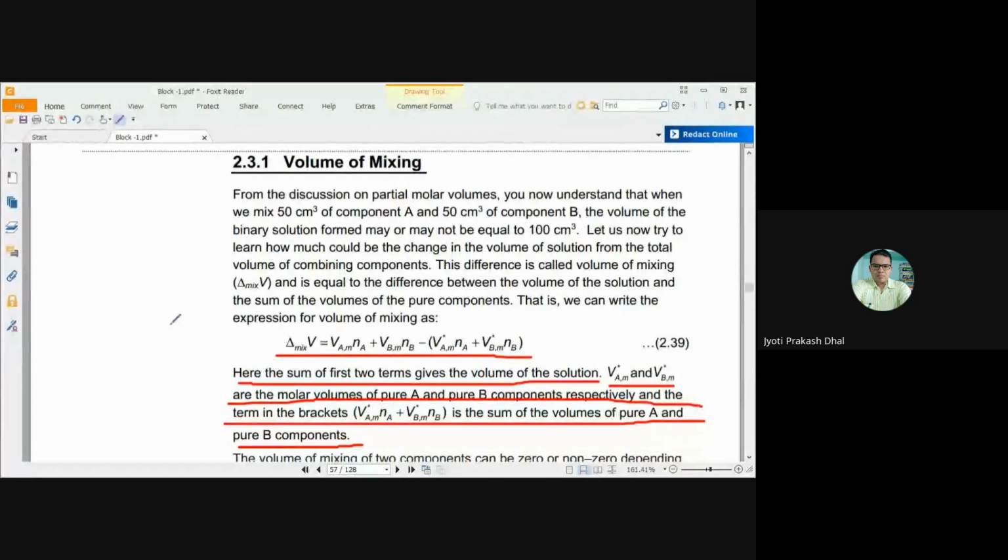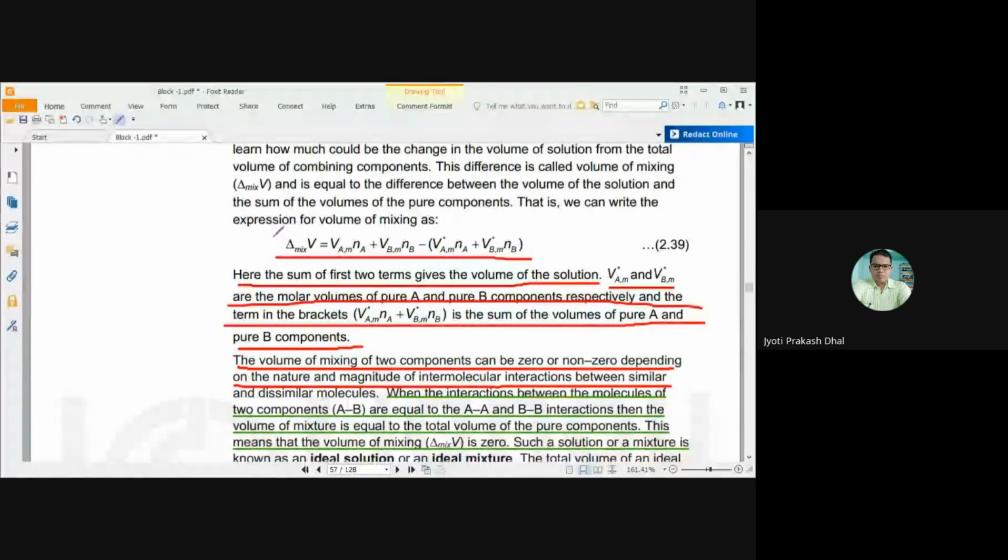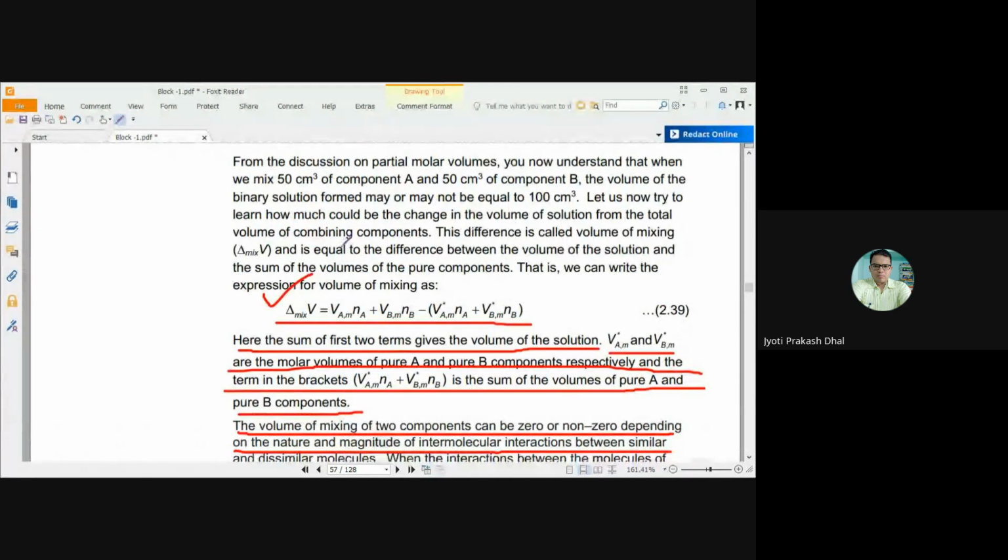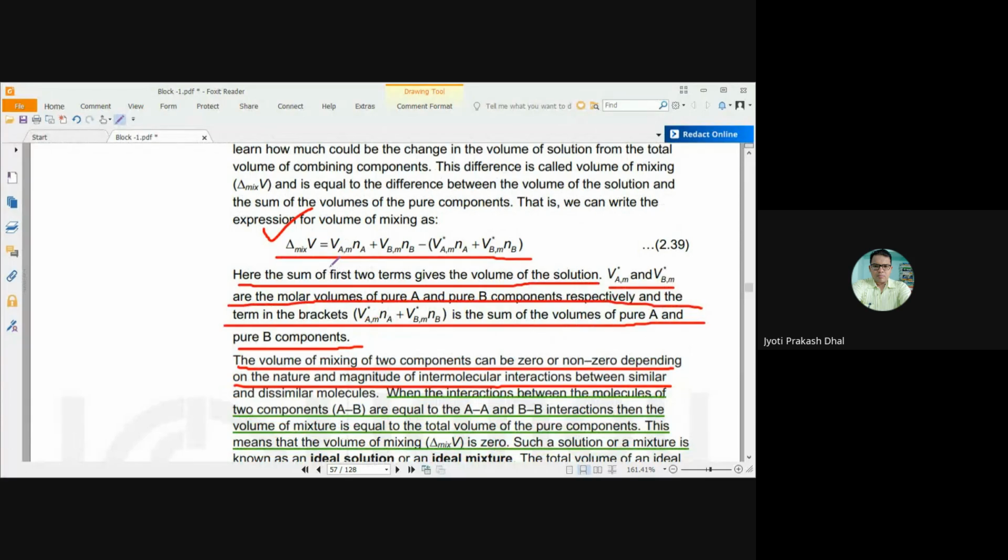Now coming to volume of mixing, del V mix, that is called volume of mixing. So the volume of mixing, del V mix, equals V_AM n_A plus V_BM n_B minus (V star AM n_A plus V star BM n_B). So V star AM and V star BM are the molar volume of pure component A and pure component B respectively.